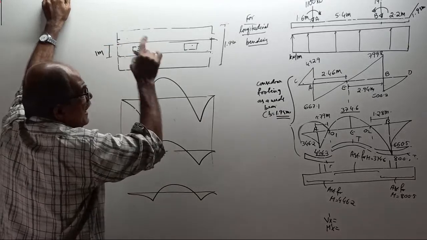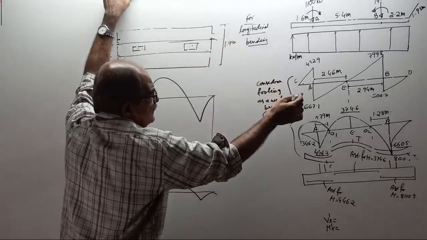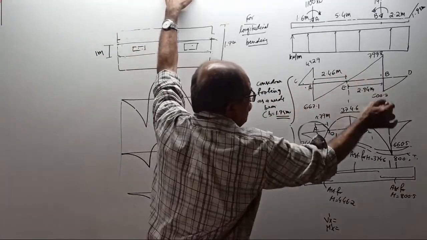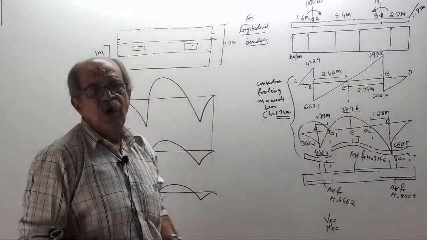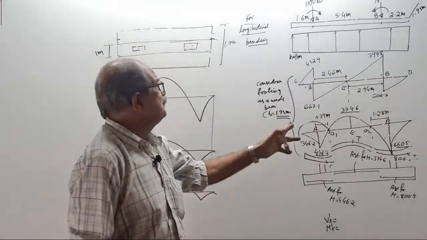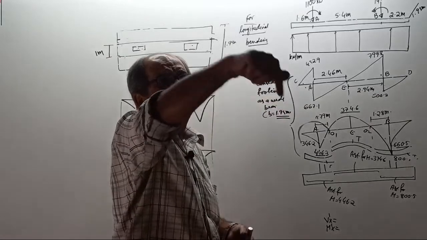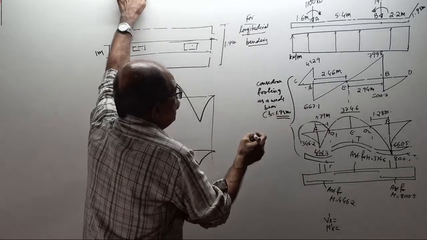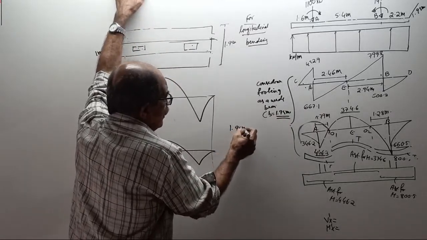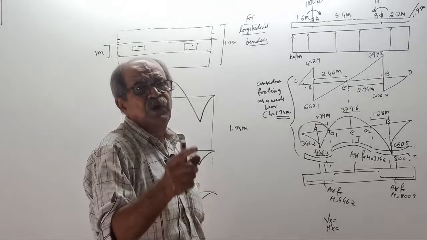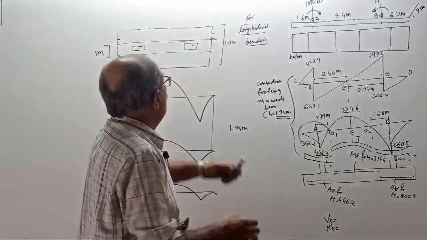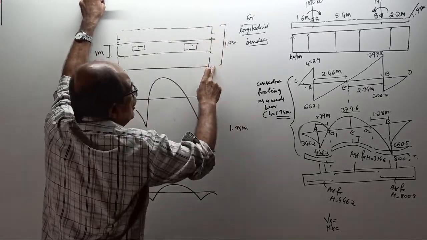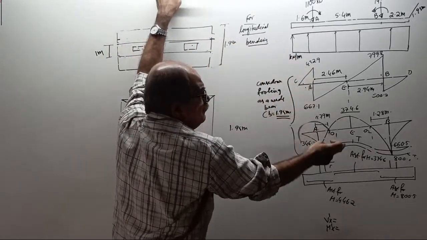Now, all this SF and BM is for the loading considered for the 1.95 meter strip. Loading considered for 1.95 meter width. Now, we want it for 1 meter width. So, when you consider the upward load for 1.95 meter, this is the SFD, this is the BMD.